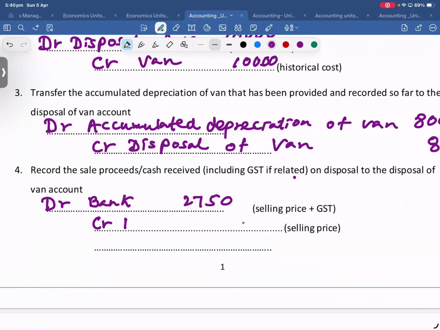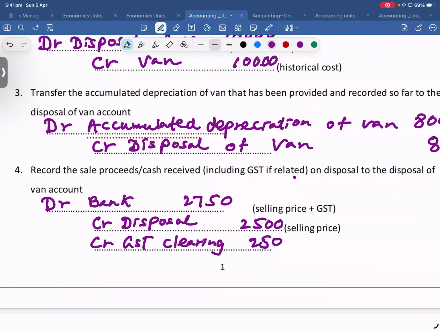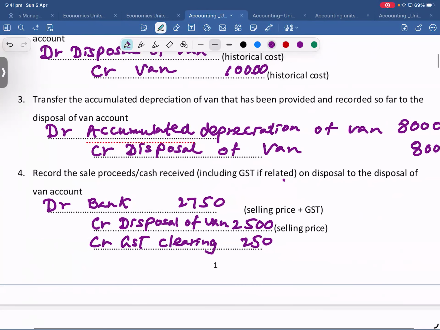GST clearing is credit 250. And the rest goes to the disposal account. Disposal of van, credit.